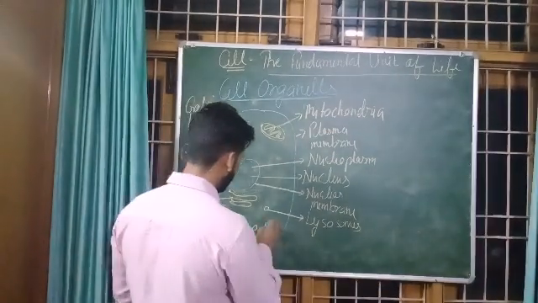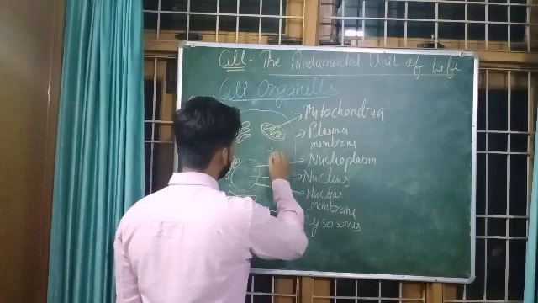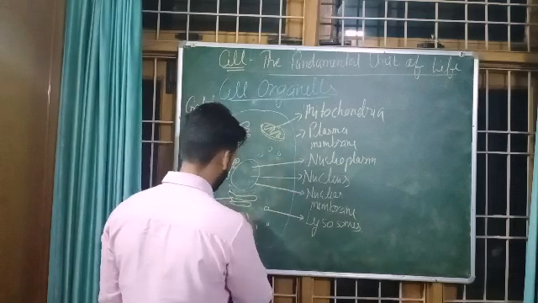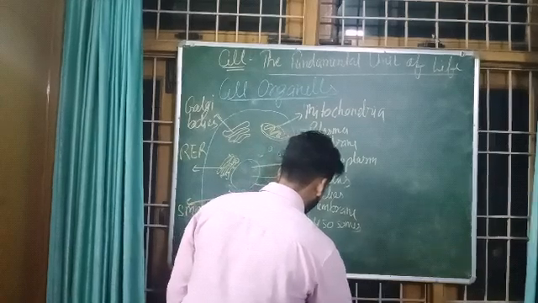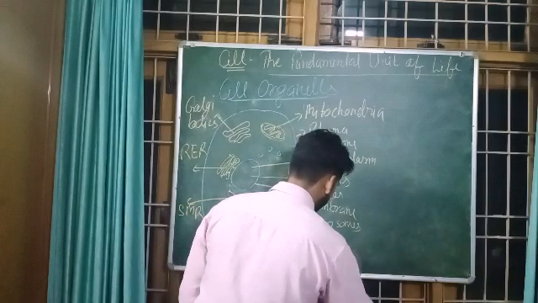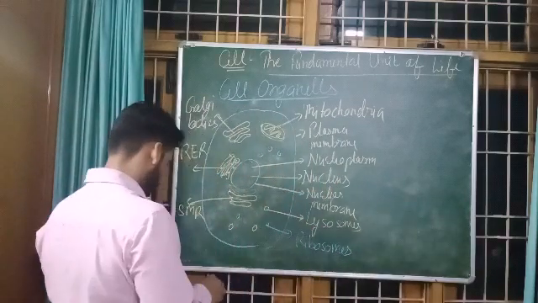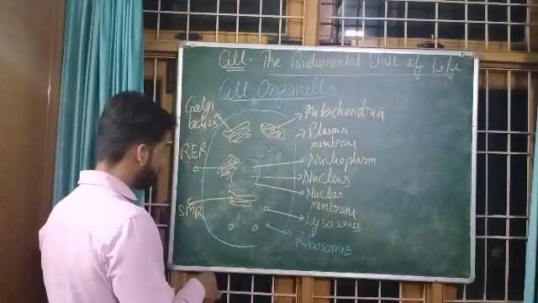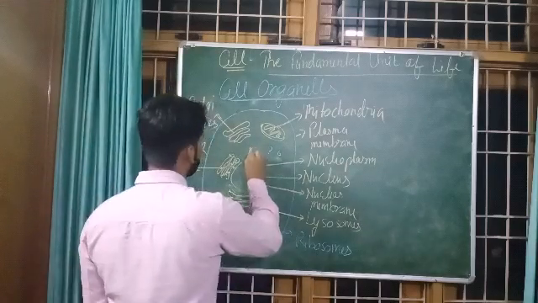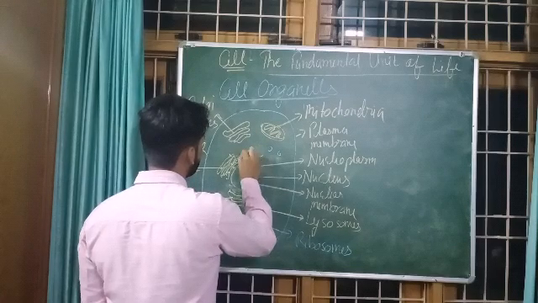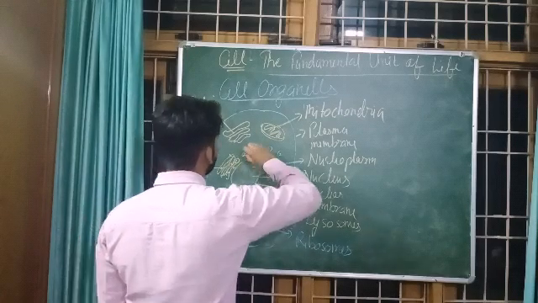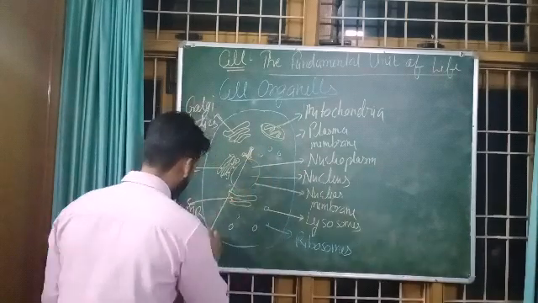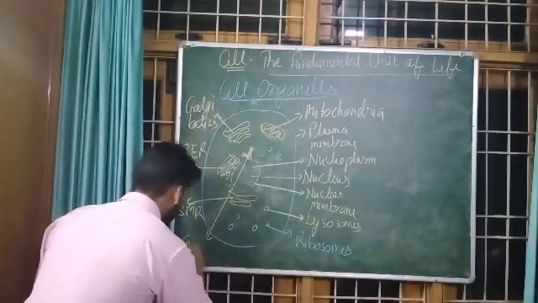There are a few ribosomes which are also found in the cell. And near the nucleus, centrioles, you can say centrosomes, are present.